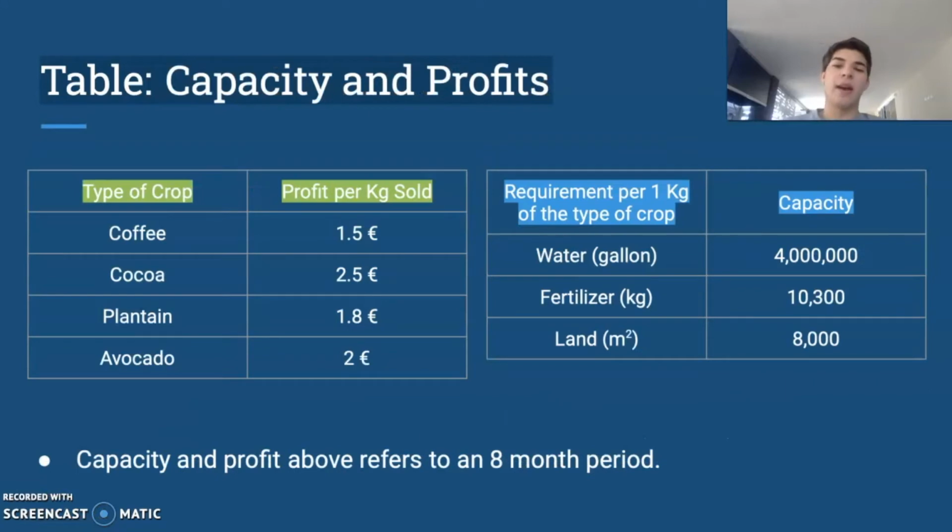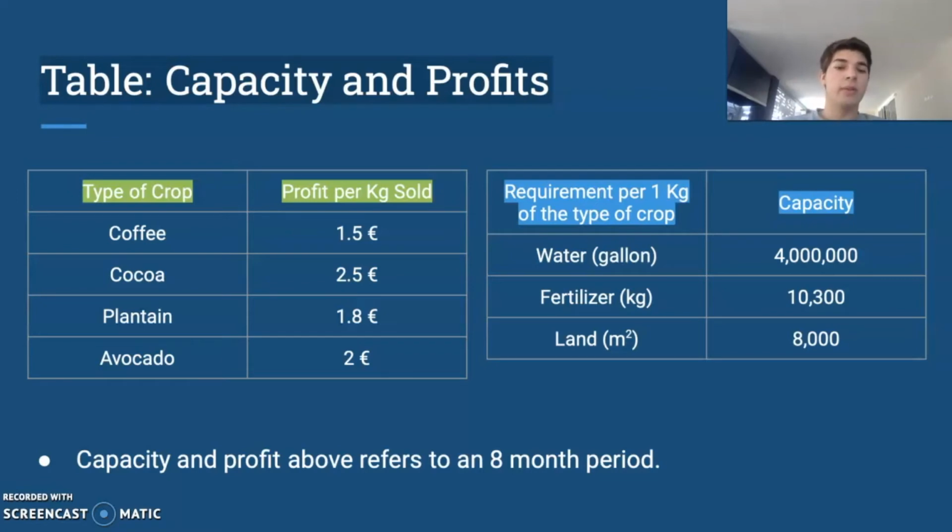So here we have the capacity and profits of each type of crop. For coffee, we get a profit per kilogram sold of about 1.5 euros, for cocoa 2.5, for plantain 1.8, and avocado 2 euros.